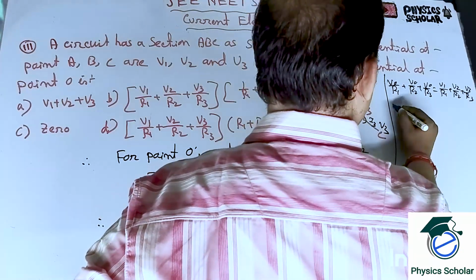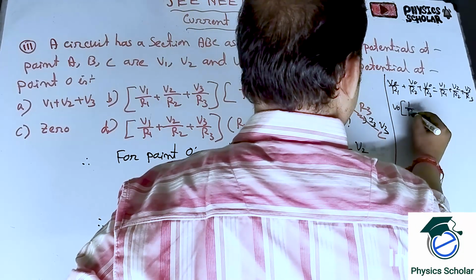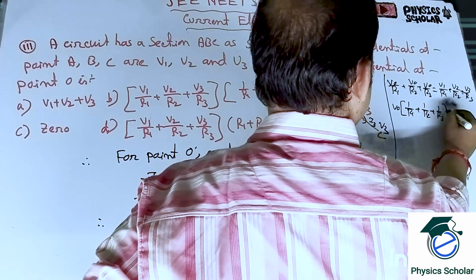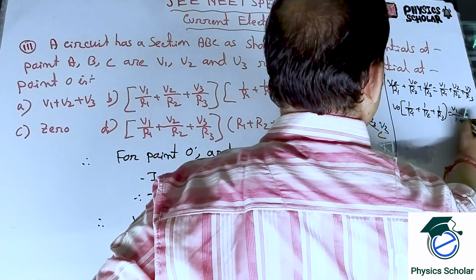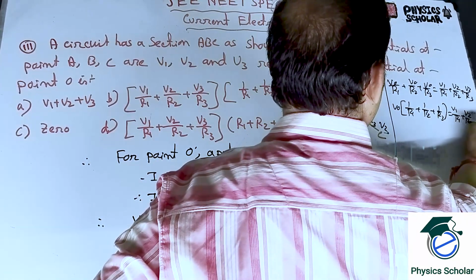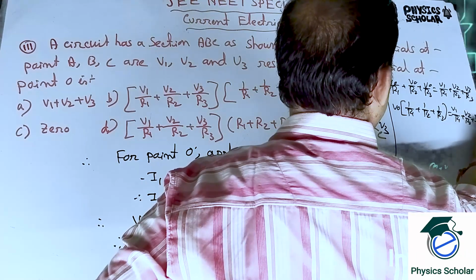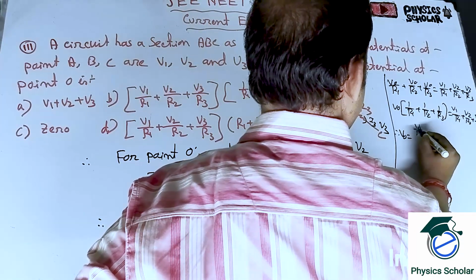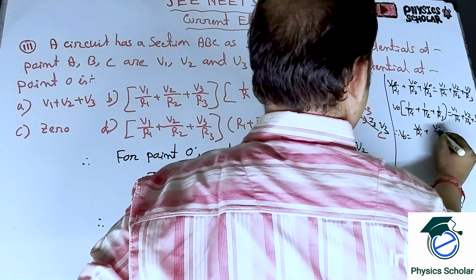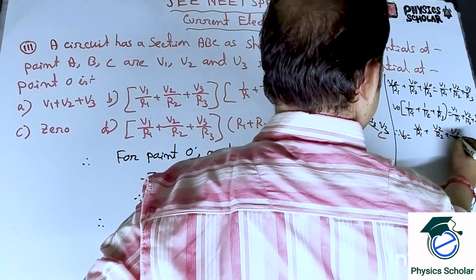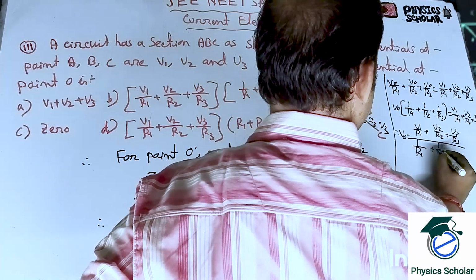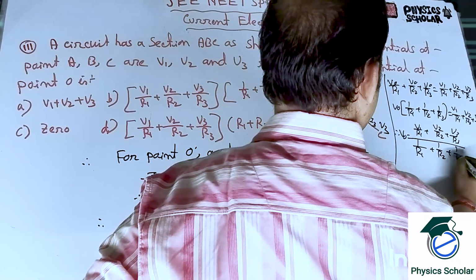V0 is common: V0 into 1 by R1 plus 1 by R2 plus 1 by R3 is equal to V1 by R1 plus V2 by R2 plus V3 by R3. Therefore, V0 is equal to V1 by R1 plus V2 by R2 plus V3 by R3 whole divided by 1 by R1 plus 1 by R2 plus 1 by R3.